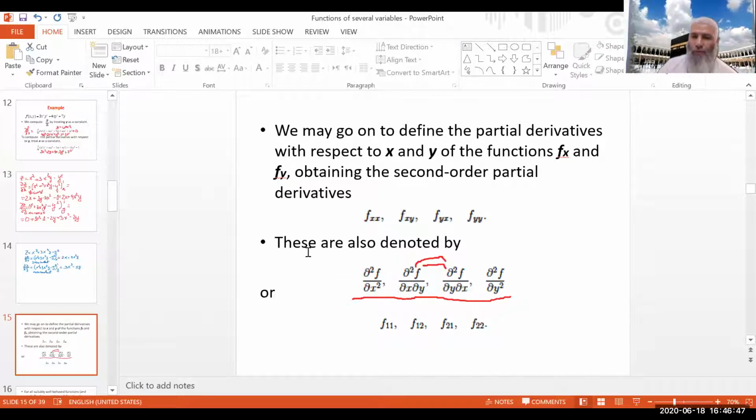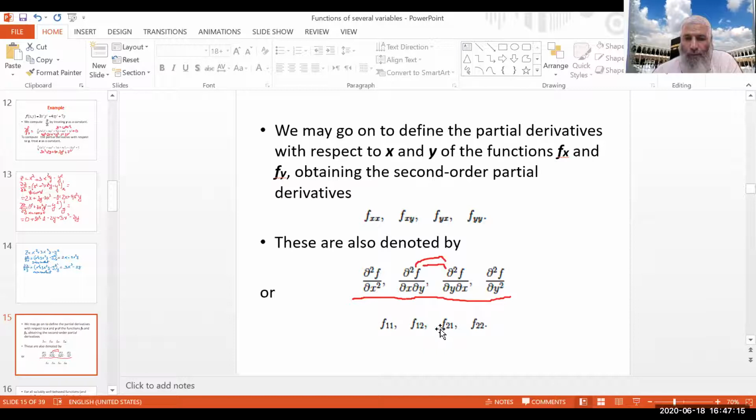These are also denoted by d2f divided by dx squared, or d2f divided by dx dy, or d2f divided by dy dx, or d2f divided by dy squared.